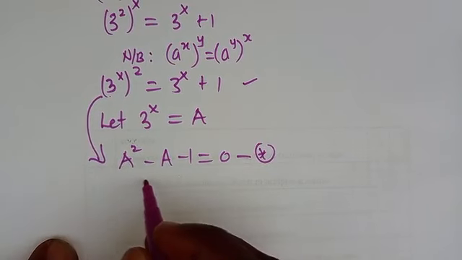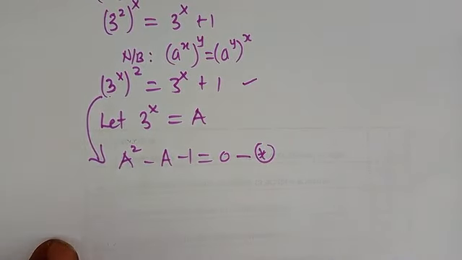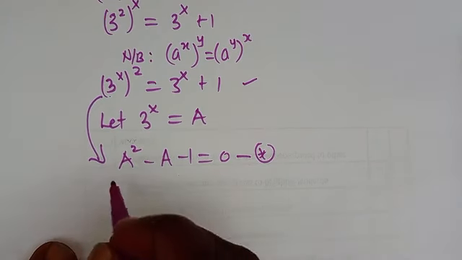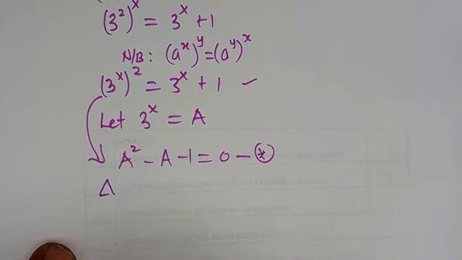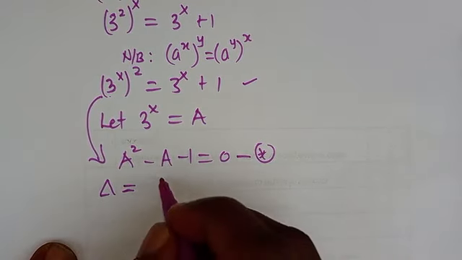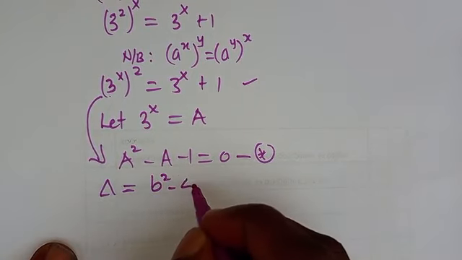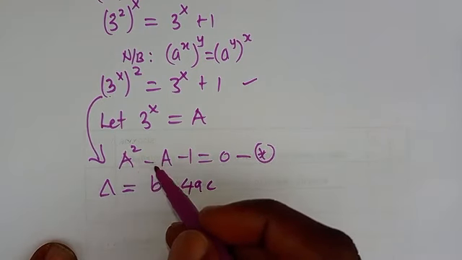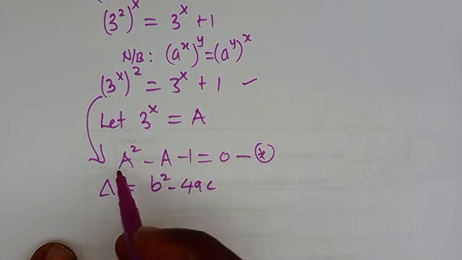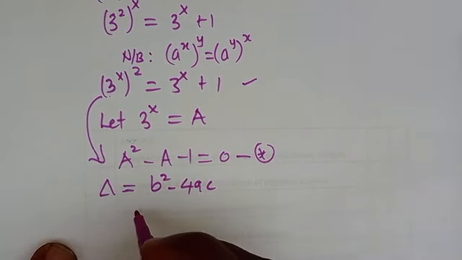Now we are going to solve this one here. Actually we cannot solve this by factorization, so quickly let's use the quadratic formula, but let's check whether we are going to have a real solution. We do that by putting our discriminant to be b squared minus 4ac. The coefficient of a squared here is 1, so that is our a.